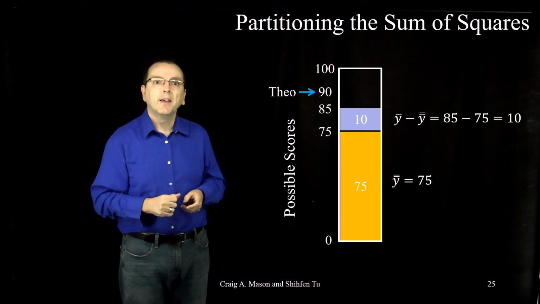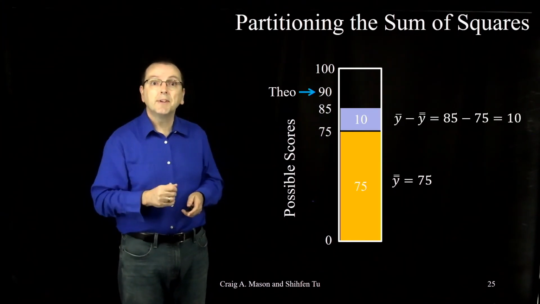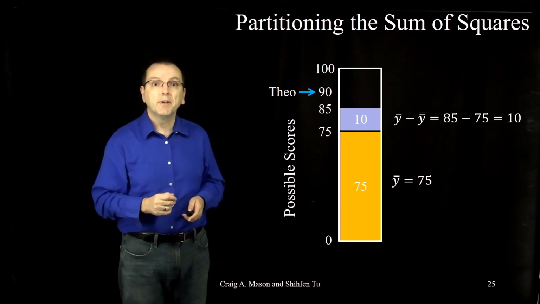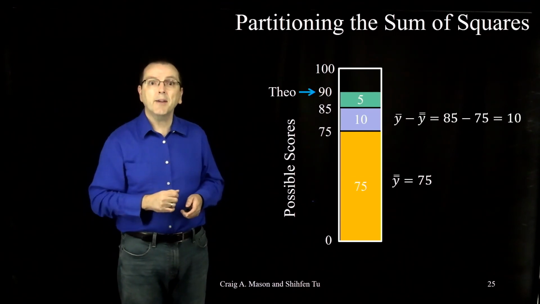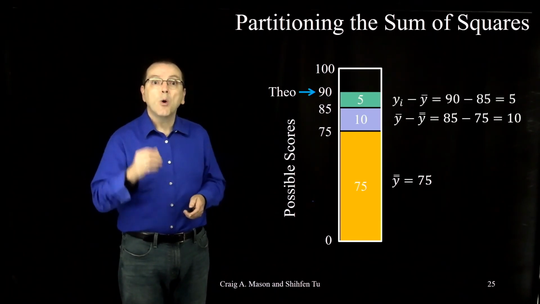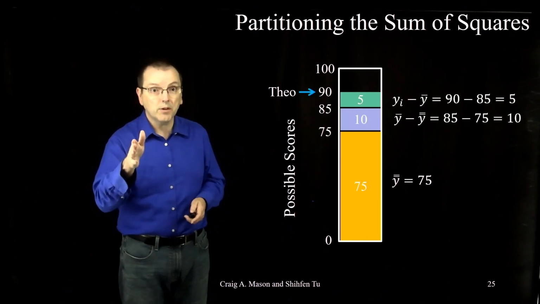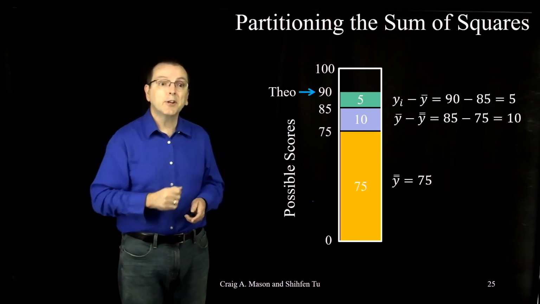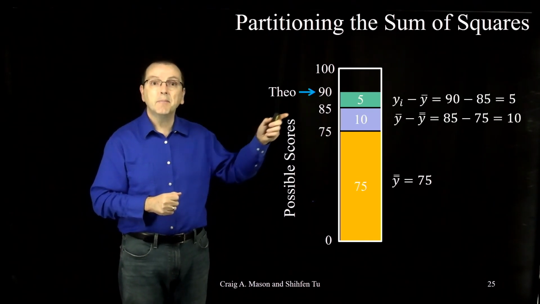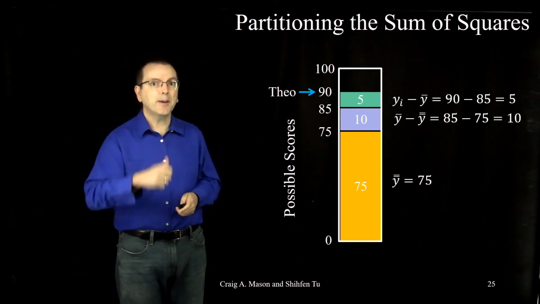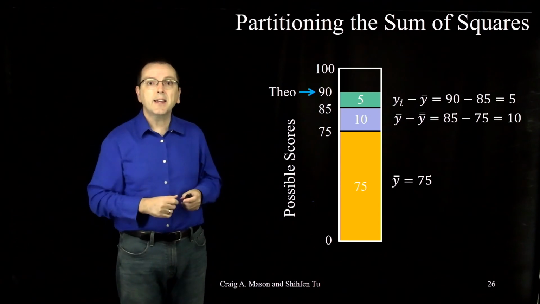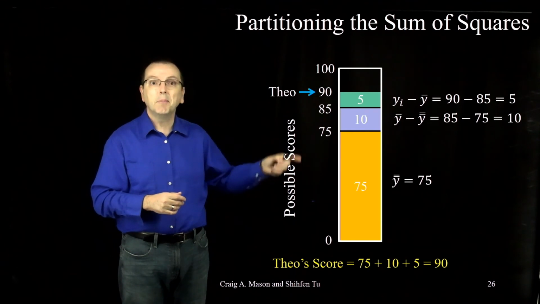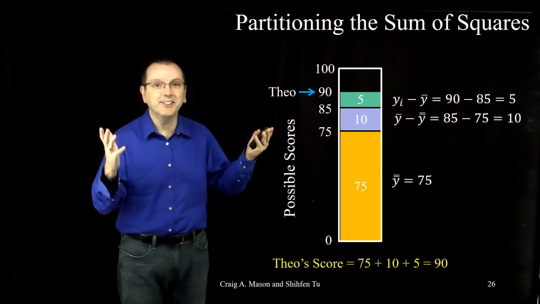Then there's the difference between Theo himself, his score of 90, and the mean for everyone in his group. That's 5 points. Mathematically, we write that as y sub i, the score for person i, minus y bar, or the mean for his group. 90 minus 85 gives us 5. Great. So if we put all that together, we see that, again, Theo's score is equal to 75 plus 10 plus 5, which still gives us 90.